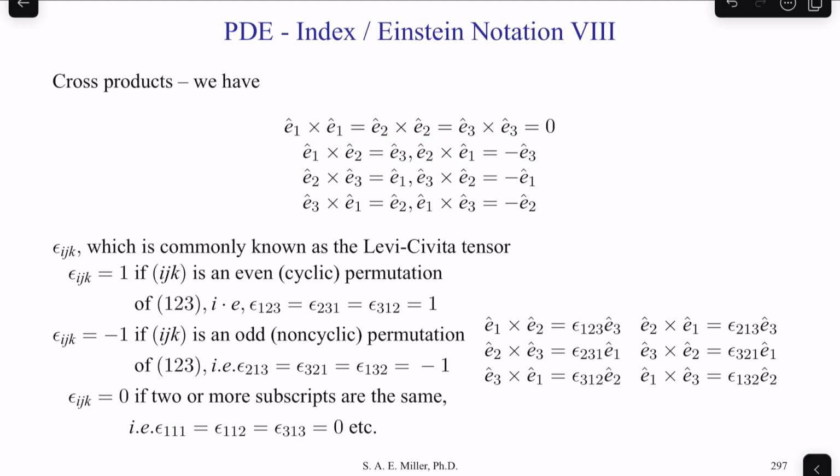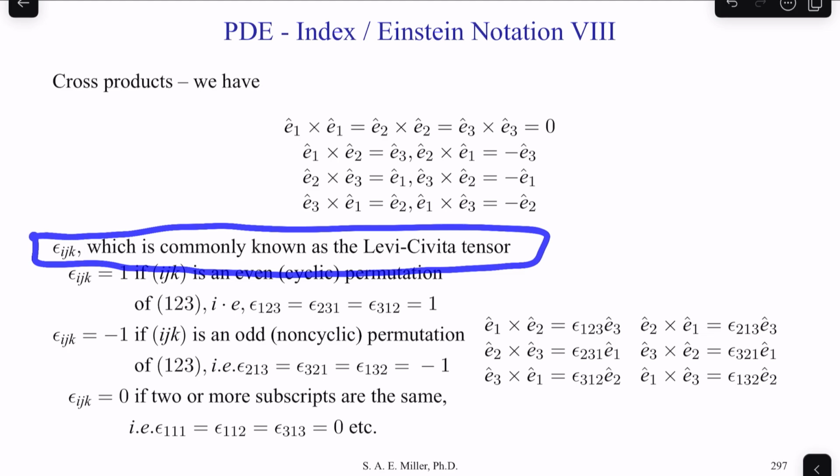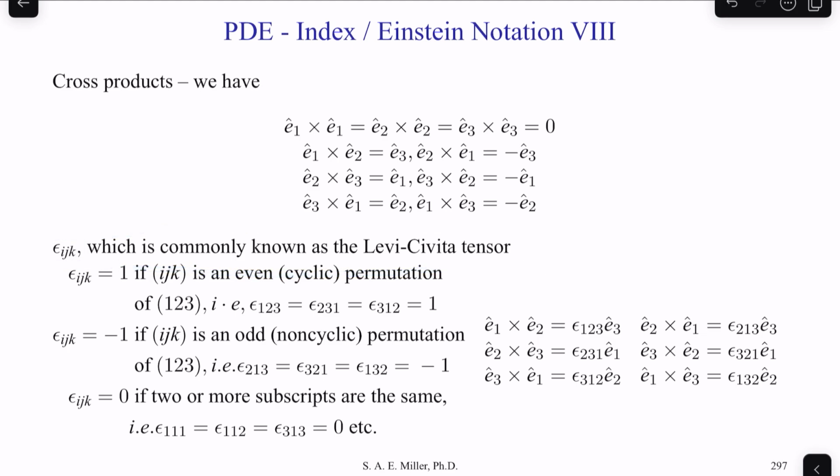Now we're going to introduce something a bit new, and we're going to call it the permutation or cyclic tensor, or the Levi-Civita tensor. And that's going to be epsilon of i, j, k. Don't confuse epsilon with a small value. This is a tensor, epsilon i, j, k. And we're going to say epsilon i, j, k is 1 if i, j, k is a cyclic or even permutation.